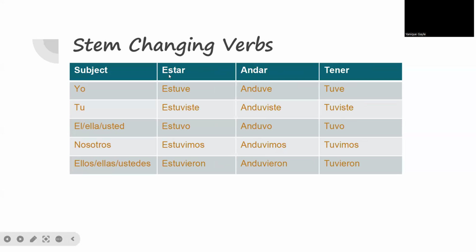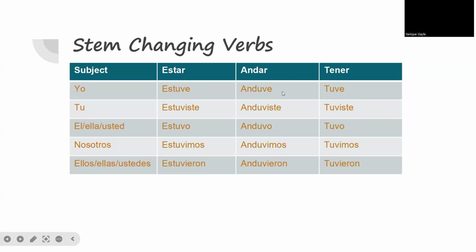Then we have another set of verbs which are estar, andar, tener. Estar, we've seen throughout this course, it means to be. Andar means to go about or to walk. Tener means to have. So we have estuve, estuviste, estuvo, estuvimos, estuvieron.